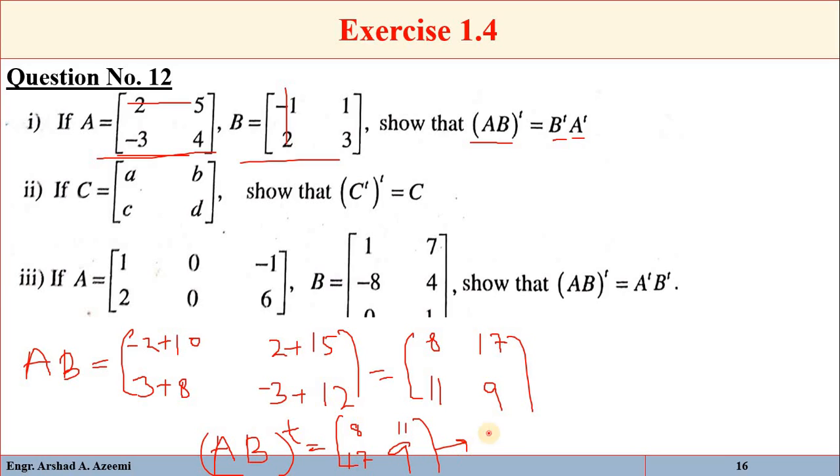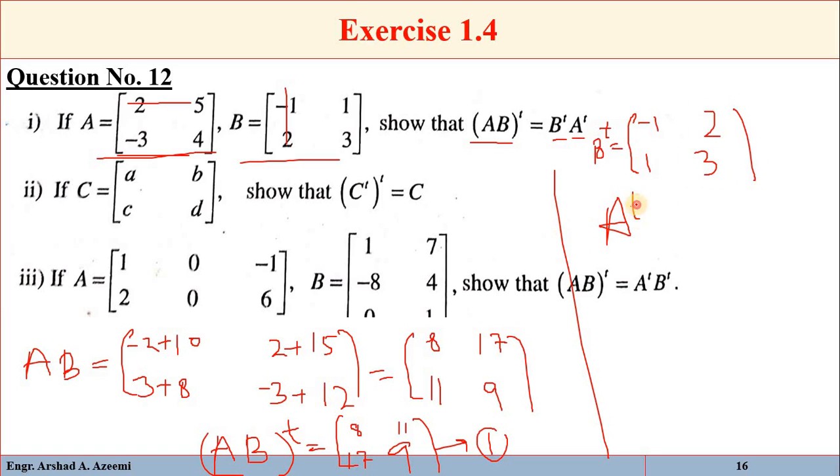For example, this is matrix 1. Now take B transpose. B transpose will be equal to minus 1, 2, 1, 3. Take A transpose. It will be equal to 2, minus 3, 5 and 4.